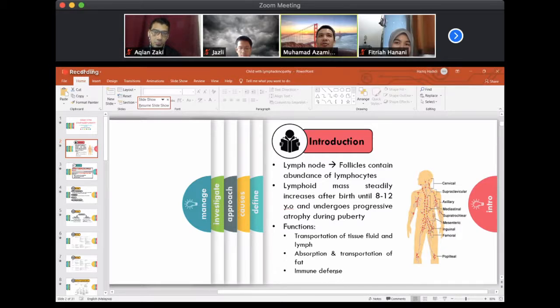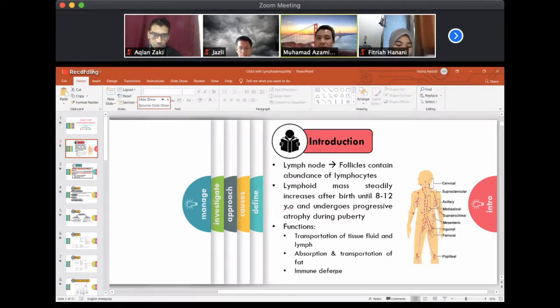And obviously if there is Kawasaki or malignancy and so on, then you treat them accordingly. So the most important thing is to try to detect whether there are any red flag signs for these conditions.